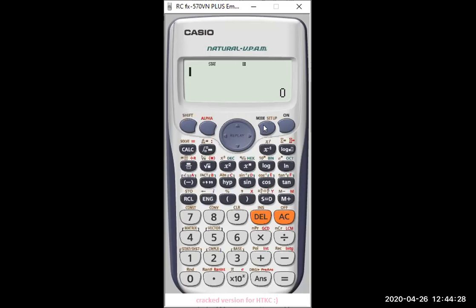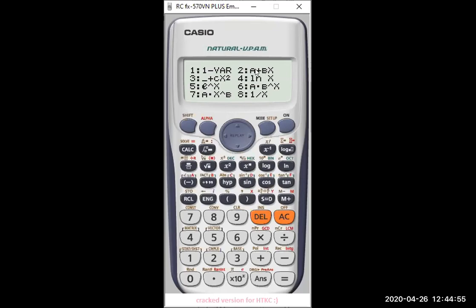For this, I'm going to click on the mode button. Now, students, you can see I'm going to change the calculator mode to stat, by using the 3 key. From the 3 key, we have part 2, number 2, where A plus BX is written.